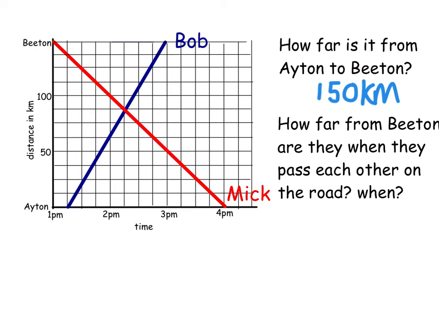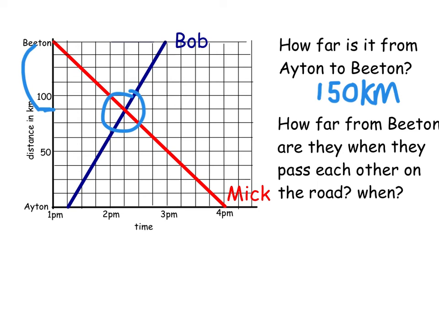Then it looks like the two drivers are meeting each other. They're not going to be colliding because that would be dangerous. But if one's going one way and one's going the other, there will be a certain point they'll pass each other on opposite sides of the road. So it says, how far from Beaton are they when they pass each other? So this is when they pass each other. And the distance from Beaton is from here to here.